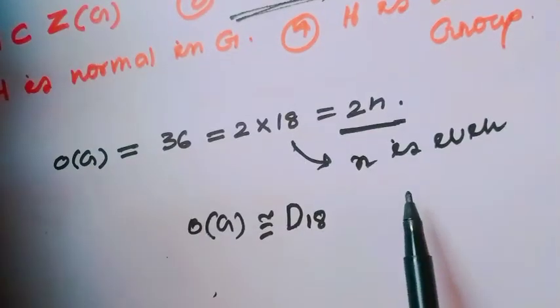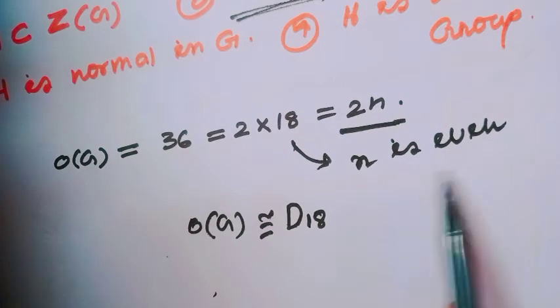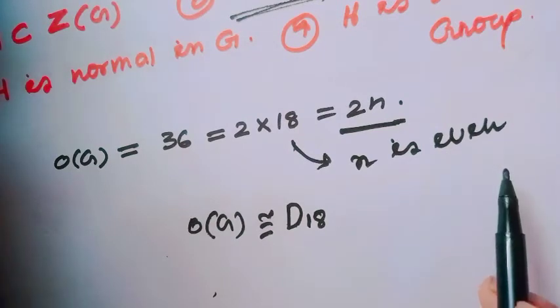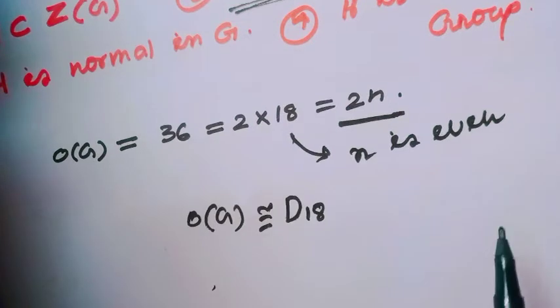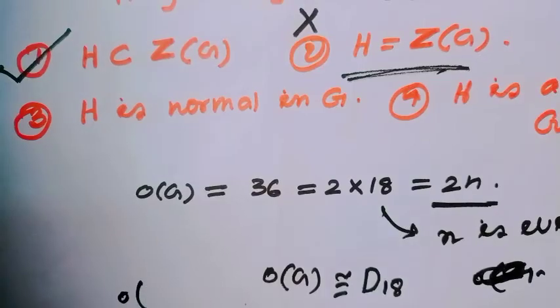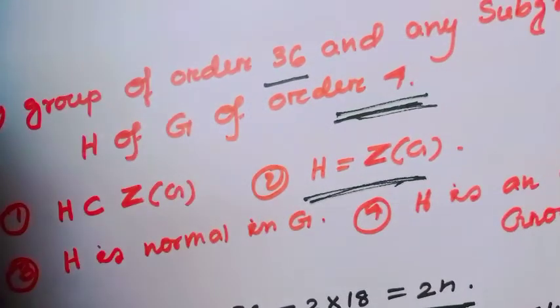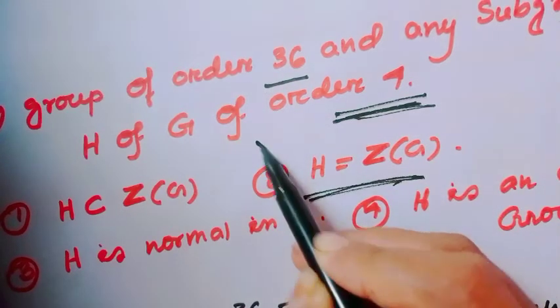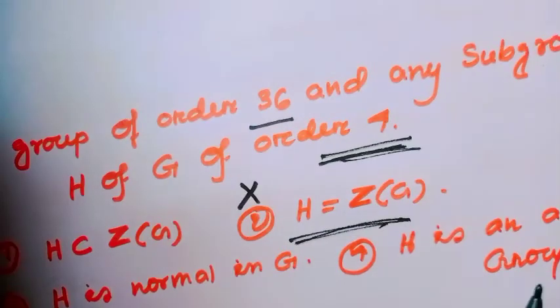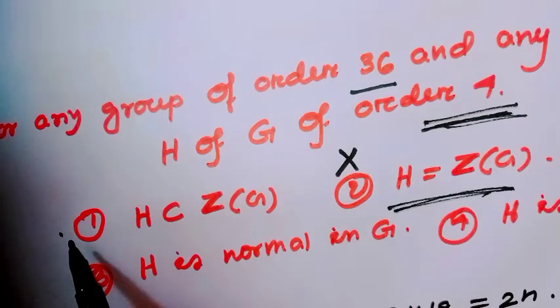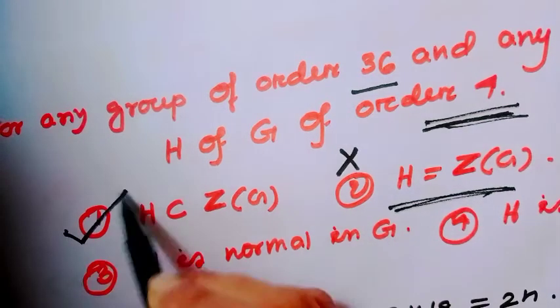And since this group is an even type group, since n is here even, the order of Z(D18) would be 2. That means option 2 is a wrong option. Here given A is a subgroup of order 4. Option 2 is a wrong option and option 1 is the right option.